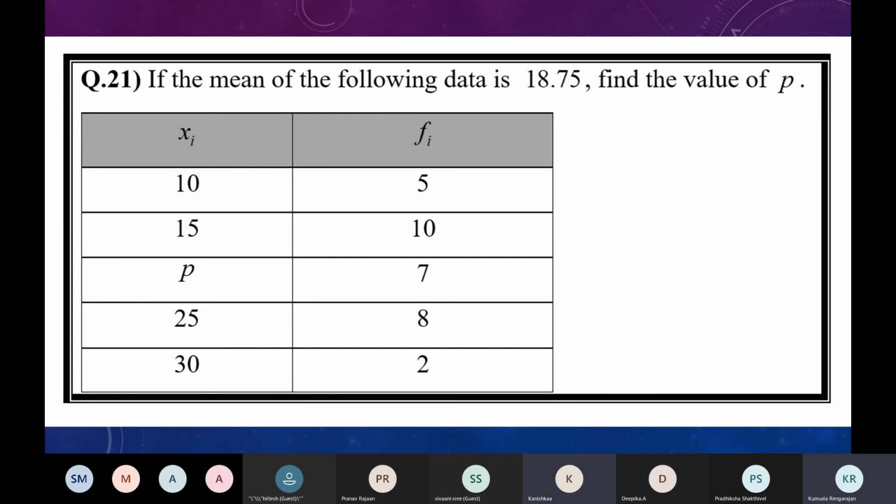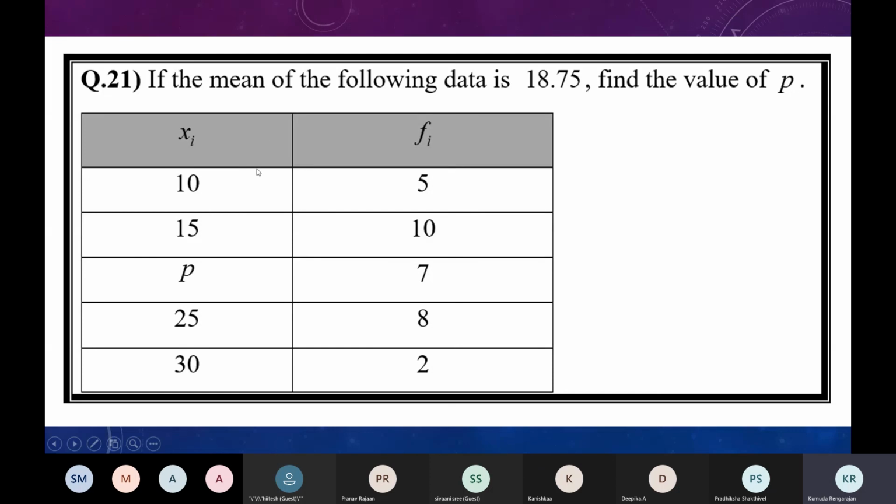We have to multiply. Fi into Xi. Okay, Fi into Xi. So create that column Fi into Xi.